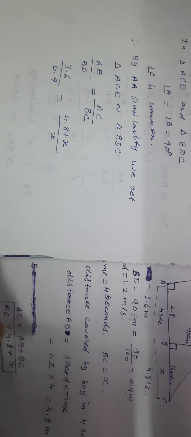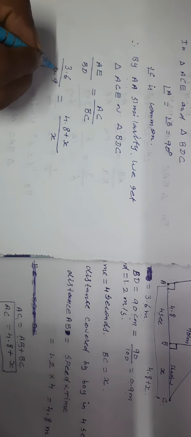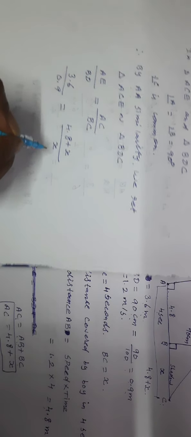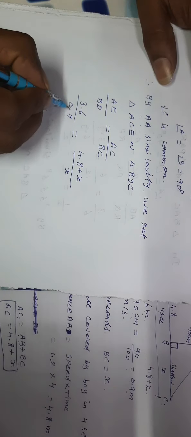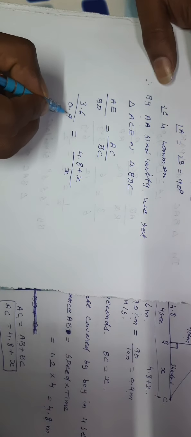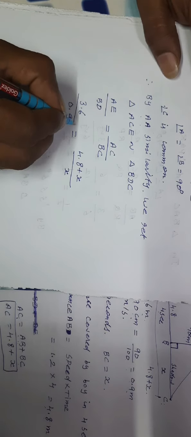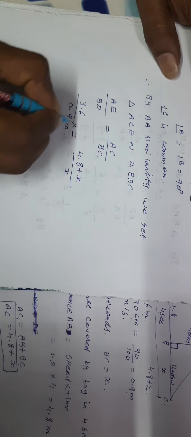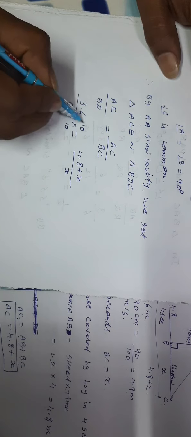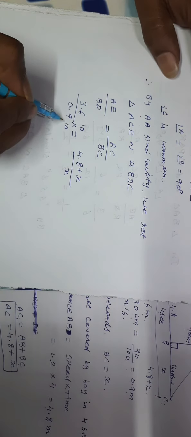Okay, so these are given. Now we want to find the value of X, right? Here the denominator has a decimal point, so for the division we want to cancel the point. The point is after one digit, so I can multiply both numerator and denominator by 10.